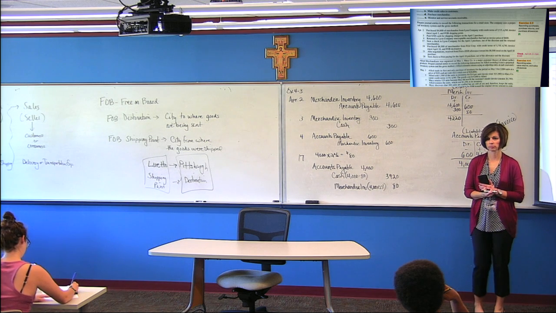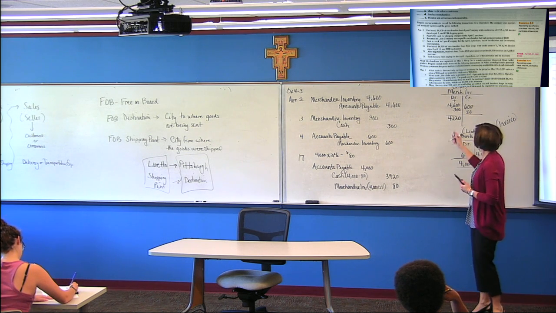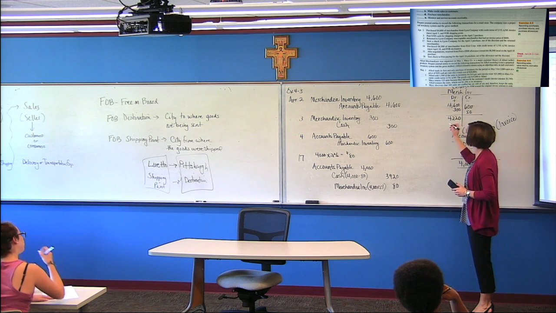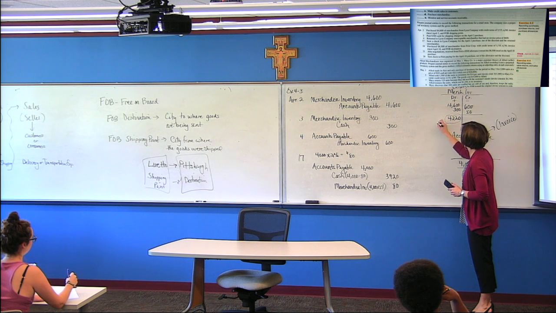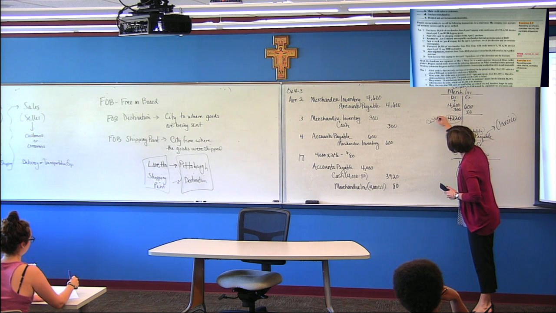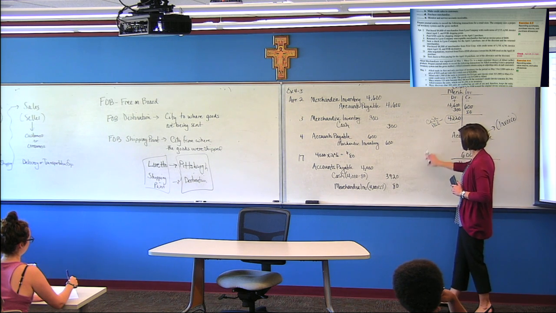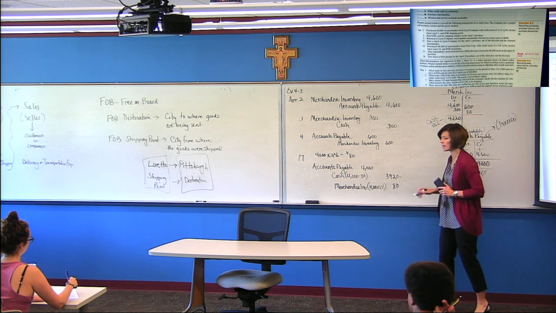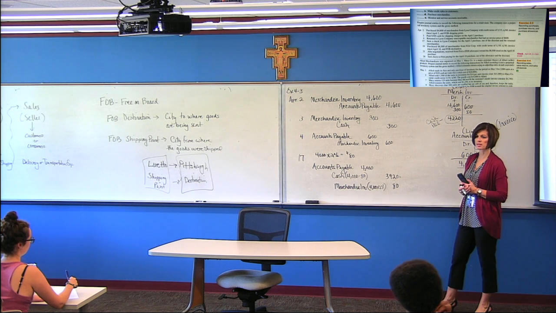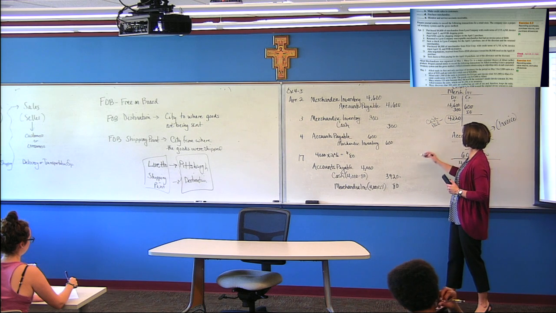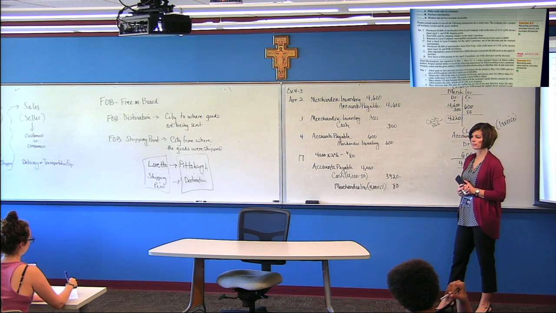Now, 4,220, and I've been saying all along that this balance has to be equal to the cash that you paid for the inventory, right? So, 4,220 does not equal 3,920, does it? What am I missing? What's the difference between 4,220 and 3,920?